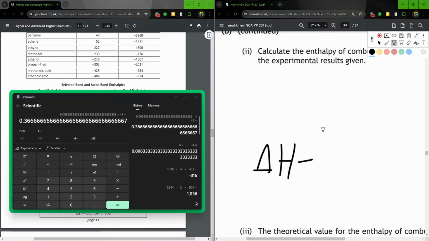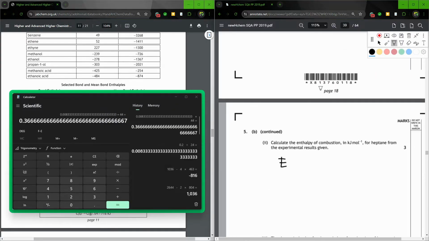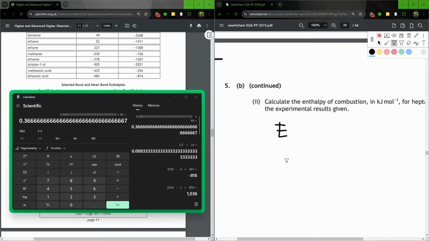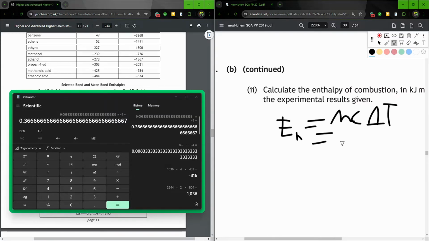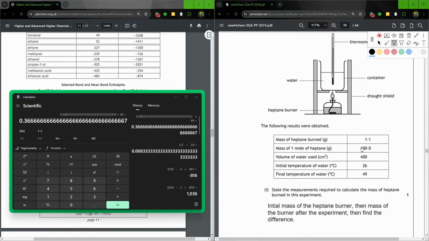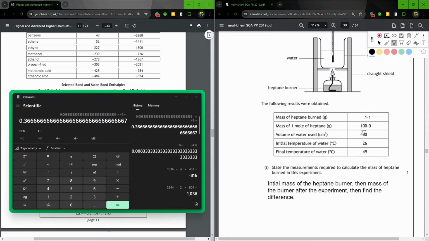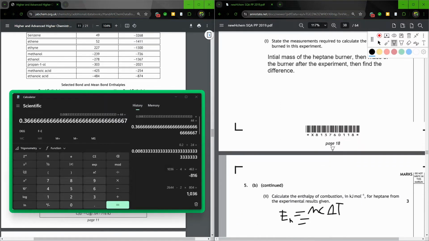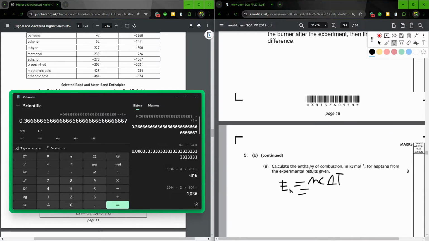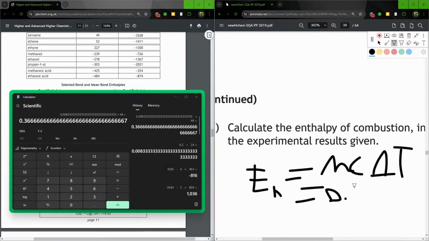So we're going to work out E first, then we'll work out n, and then we can work out the enthalpy. Luckily it's heating water, so I can just use the general heat formula, which is mc delta T. So mass of water, we always work in kilograms, so since it's 400 cubic centimeters, that's going to be 0.4. And then we're going to times it by 4.18.